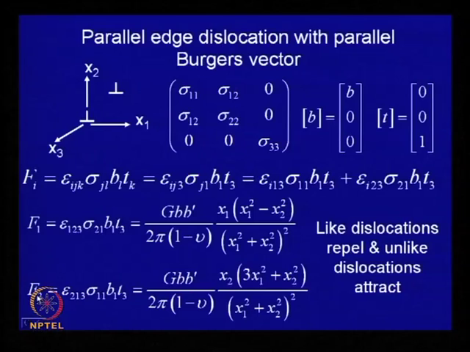Now, similarly, can this I be 2? Here if you put I equal to 2, in that case this coefficient epsilon 2 2 3 is 0. So, this vanishes, but here 2 1 3 remains. So, if you look at the sequence, it is just the reverse sequence.